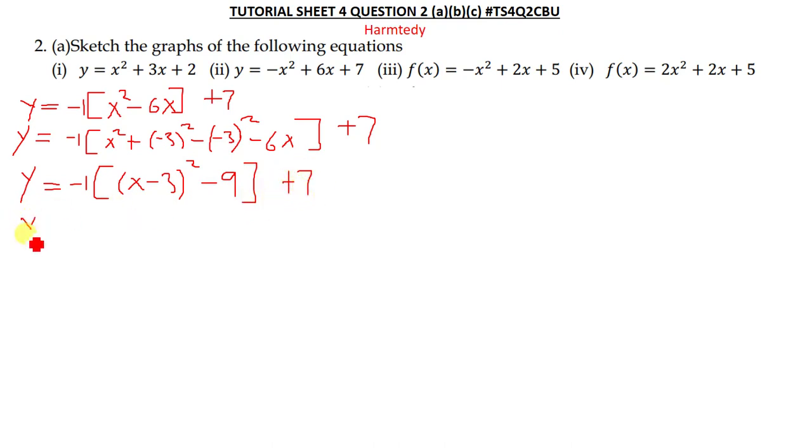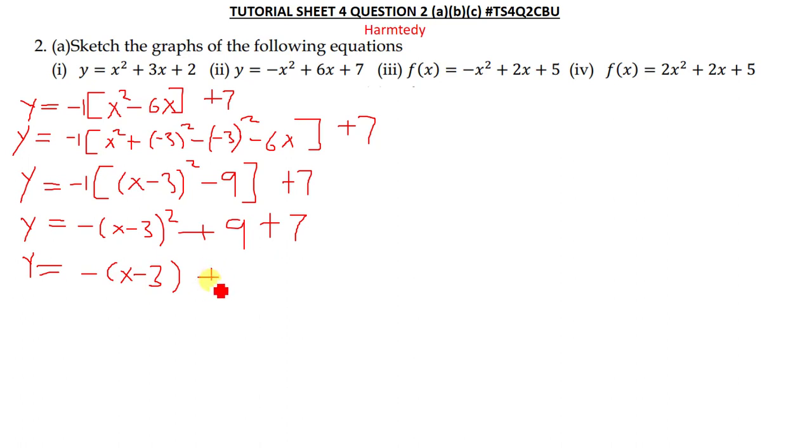When we open the brackets, we distribute the negative, so -1 times -9 we get positive 9, then we say plus 7. So our y is just going to be equal to negative (x minus 3) squared plus 16.